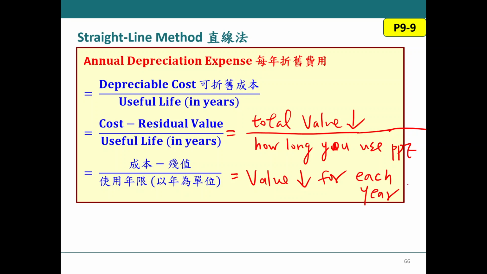The value decrease for each year, we call it depreciation expense, 折旧费用. So it's quite simple for this method. When you use your PPE the same every day, every year, you should get the same amount every day, every year.